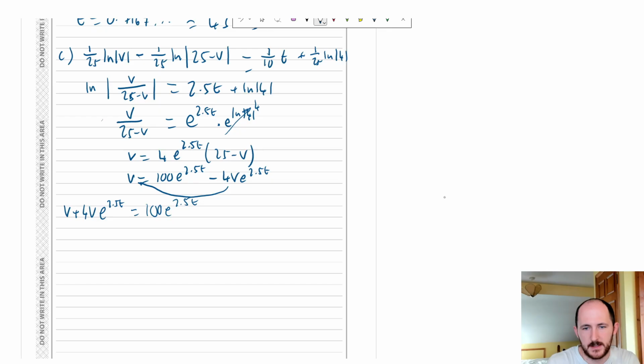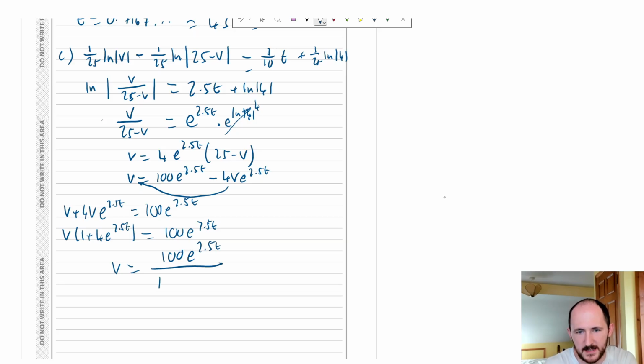Okay. Wonderful. v times 1 plus 4 e to 2.5t. Divide it over. And now it's just a simple case. I say simple. It's just a case of getting it in the exact form that they want, which is fun.